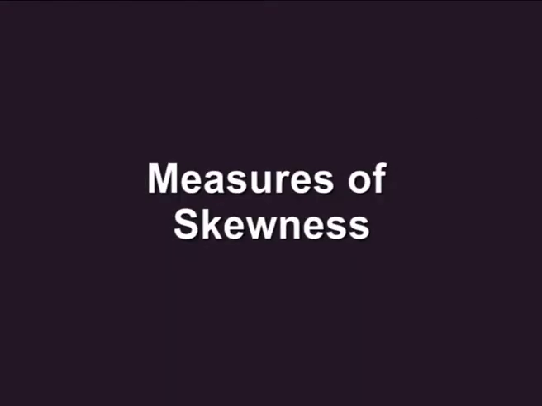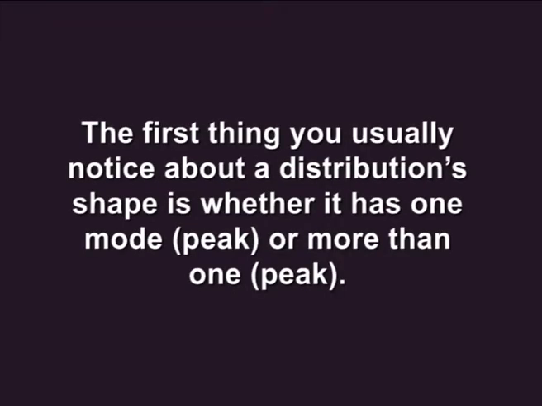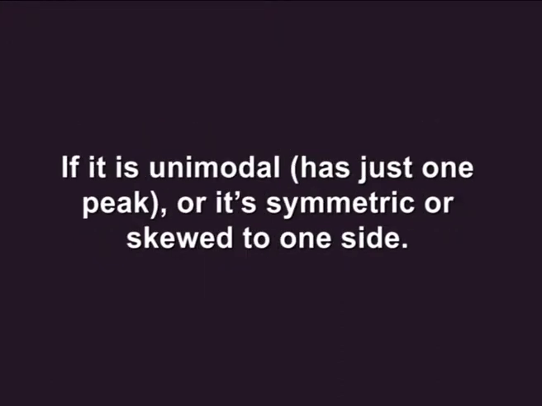The fourth method of data analysis is measure of skewness. The first thing you usually notice about a distribution's shape is whether it has one mode, that is one peak, or more than one peak. If it is unimodal, it has just one peak, and it is symmetric or skewed to one side.